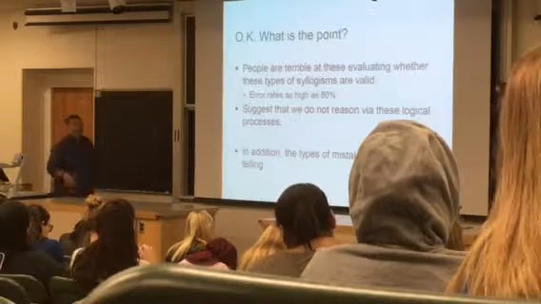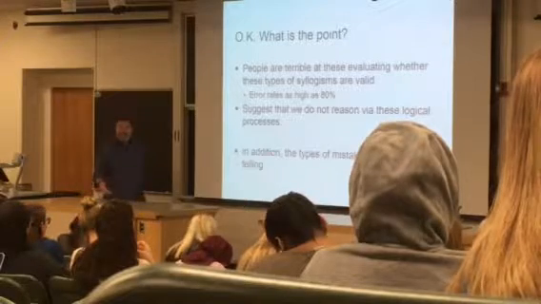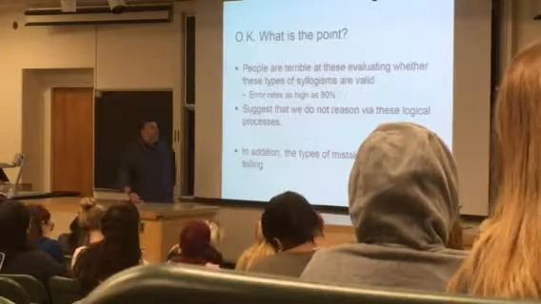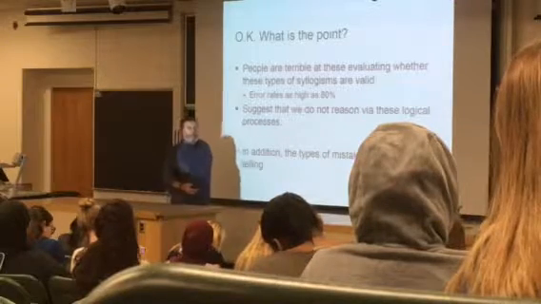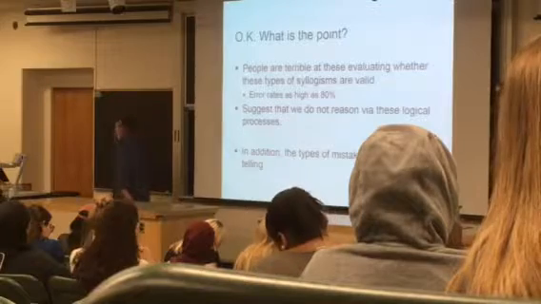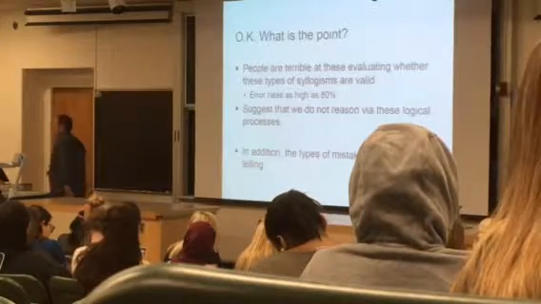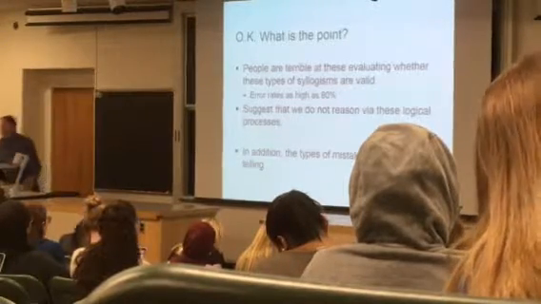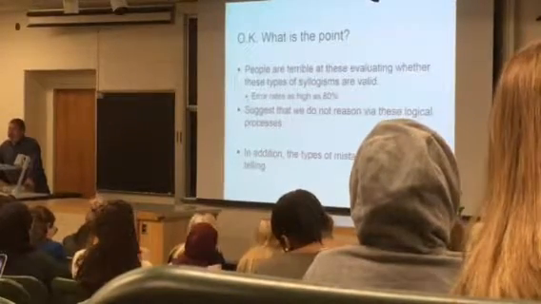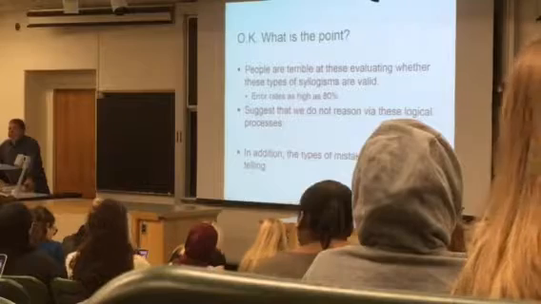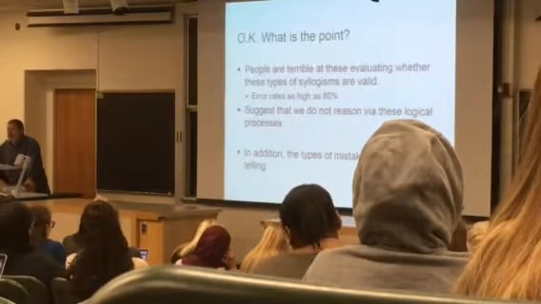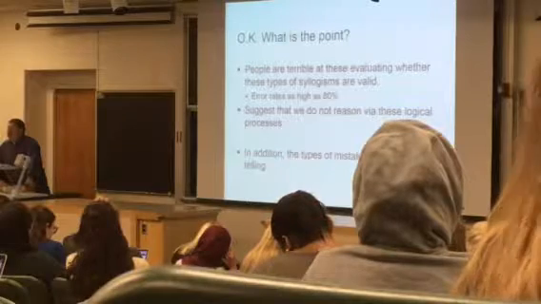And the fact that we're that bad at even these really simple logical forms suggests that we don't reason via logical forms, via these logical processes. After all, if you've ever taken a class in logic, we have to have college courses in logic, and they're hard because we don't intuitively think that way.